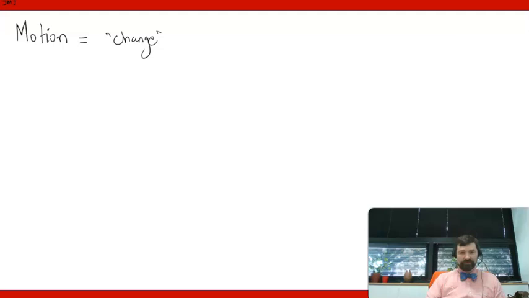The first thing to discuss is what we mean by motion in physics. Now, motion in general basically means change, in a sense. An item can move from being short to being tall, for example. It can move from being a red color to being a blue color, that kind of thing.